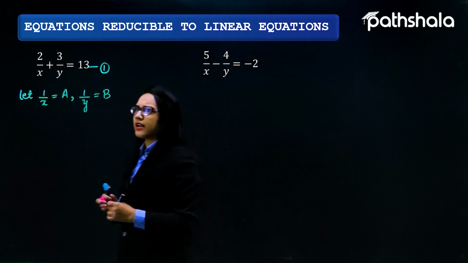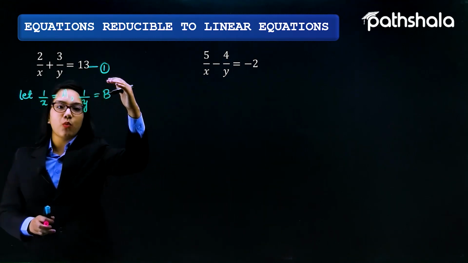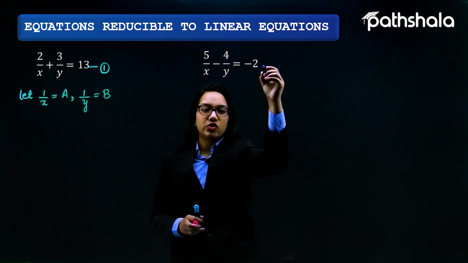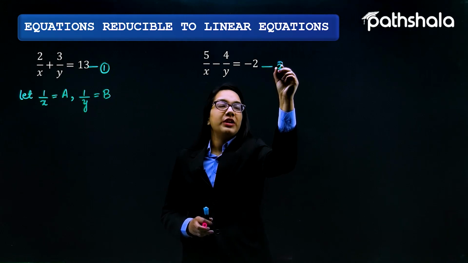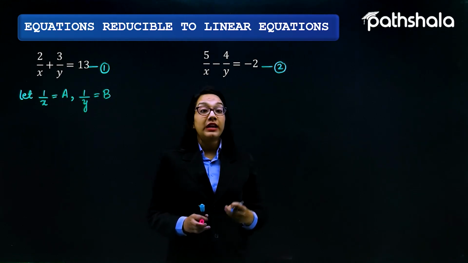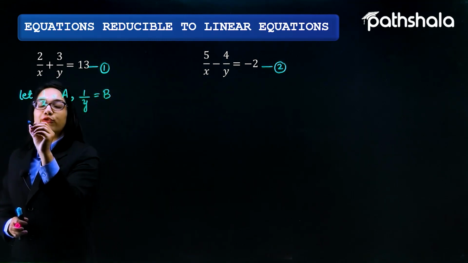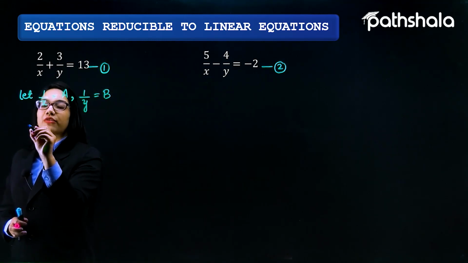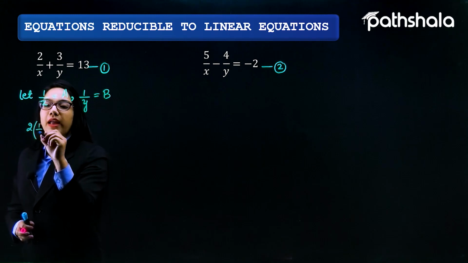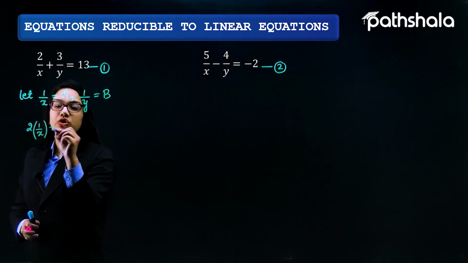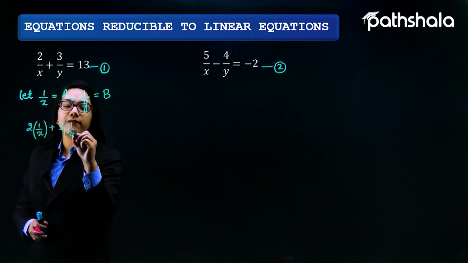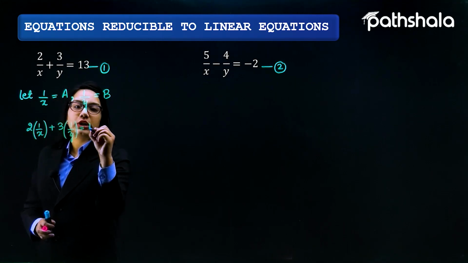Let us call the other equation equation number 2. These two equations will be reduced in a manner as you can see here: we have 2 into 1 by x, and further we can write 3 into 1 by y, which is equal to 13.